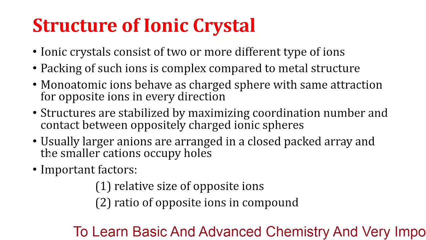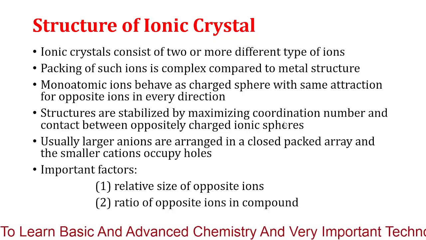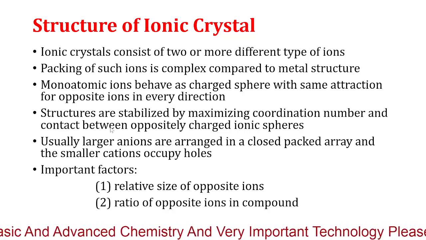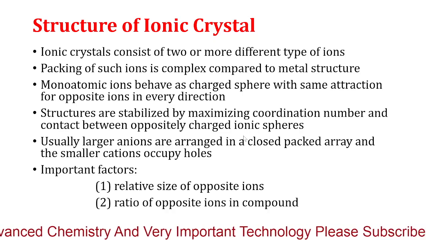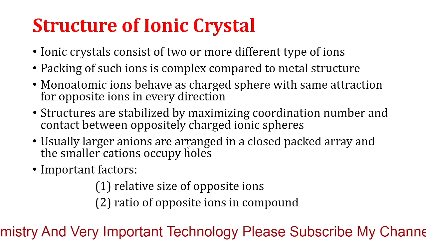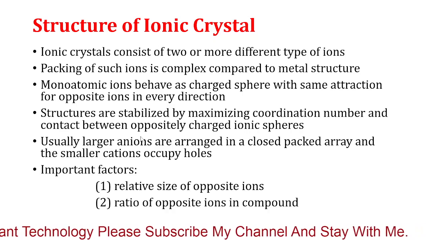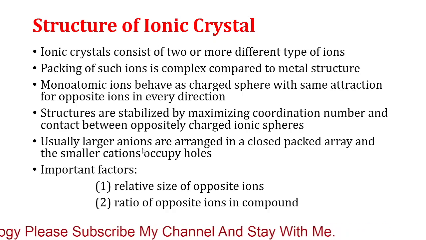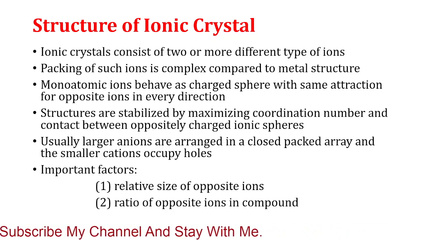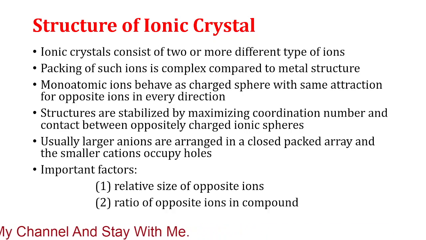So, structures are stabilized by maximizing coordination number and contact between oppositely charged ionic spheres. That means if you have two different ions, let us consider sodium and chlorine, and you have another sodium.